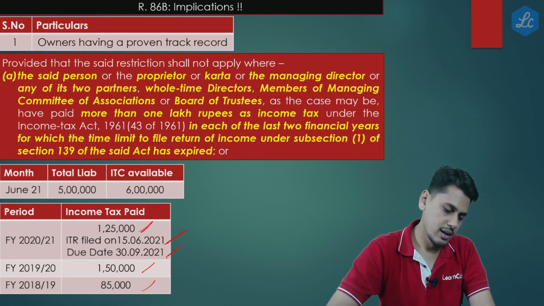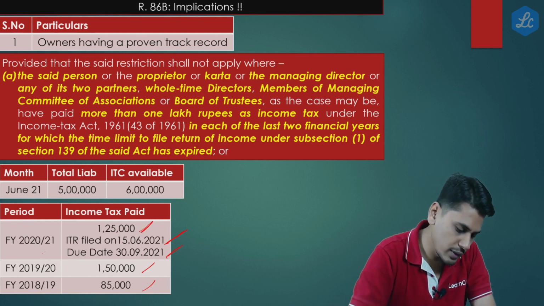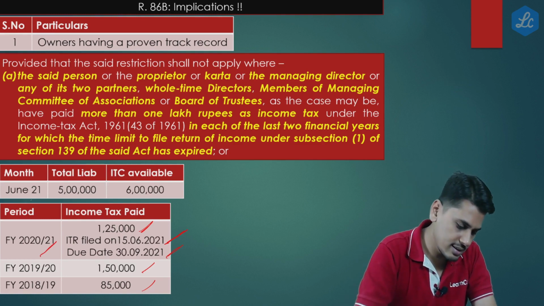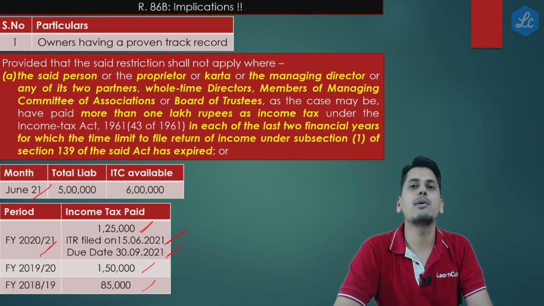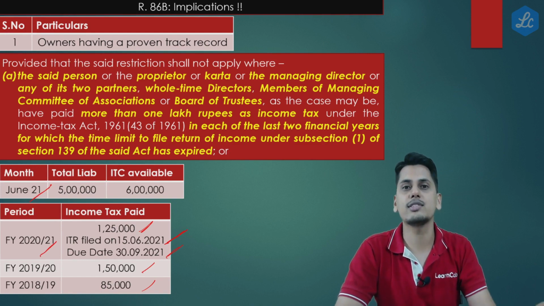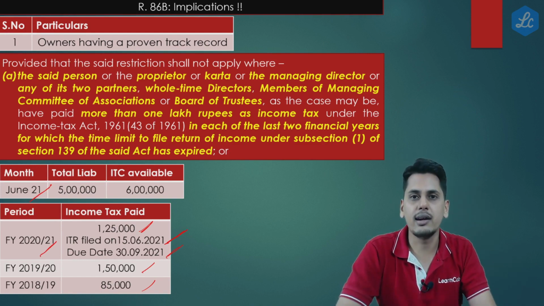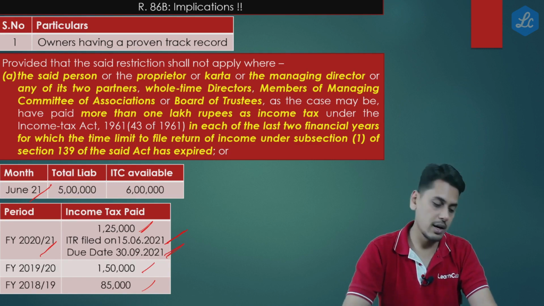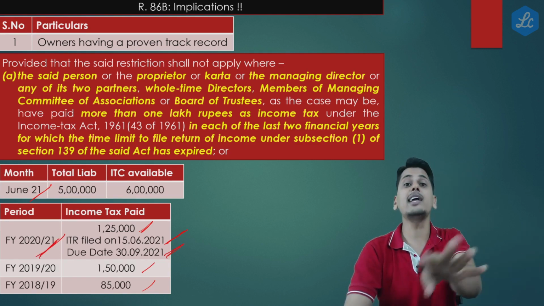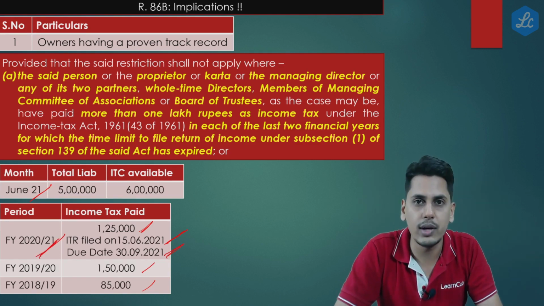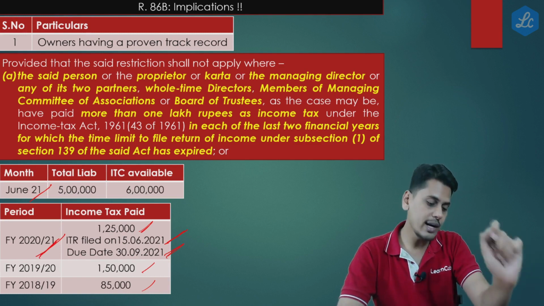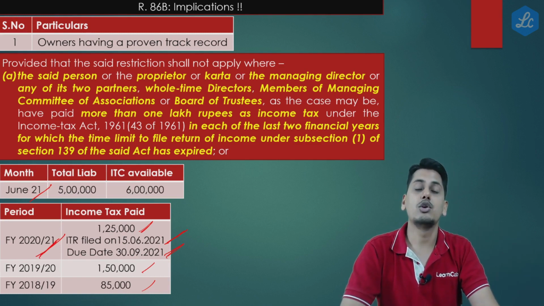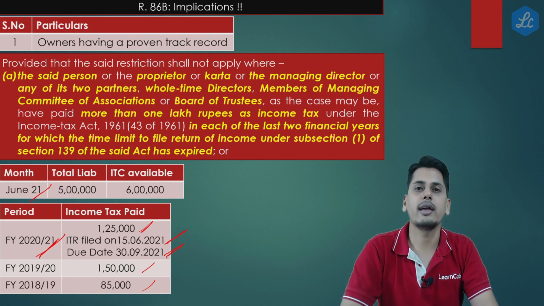Now friends, the due date for financial year 2021, when he wants to analyze the applicability of 86B in June 2021, has the due date expired? The answer is no. The due date is going to be 30th of September. So for financial year 2020-21, when he is sitting in June 2021, the due date to file income tax returns has not expired.